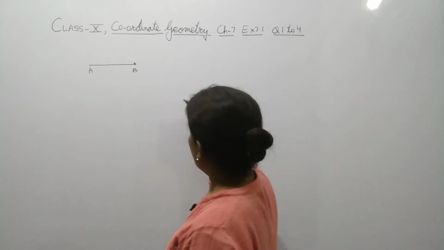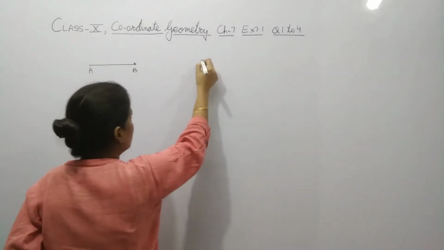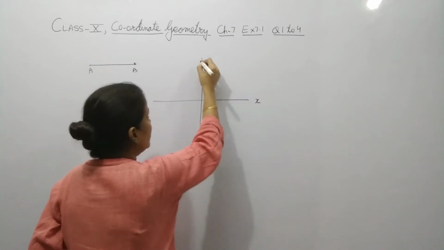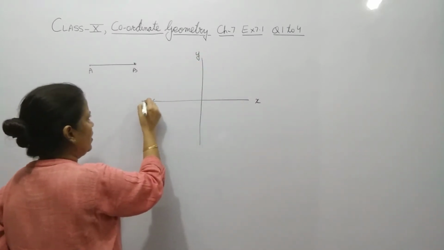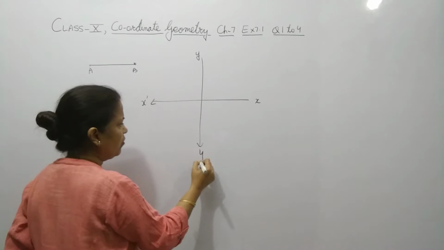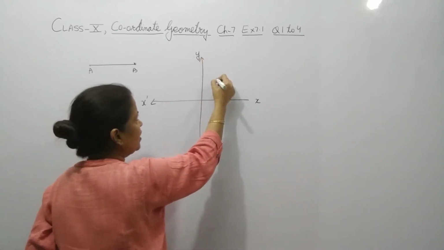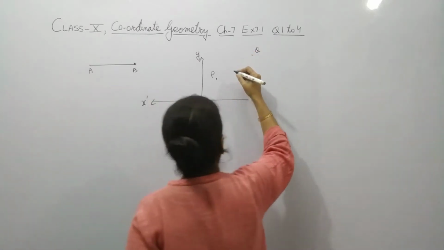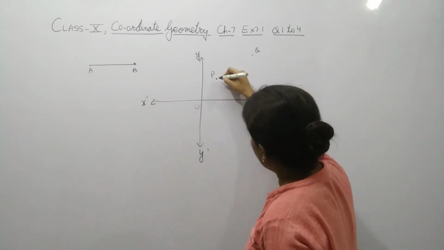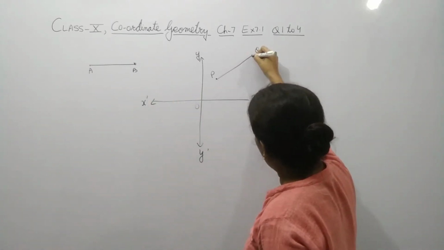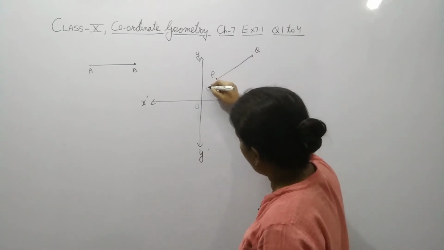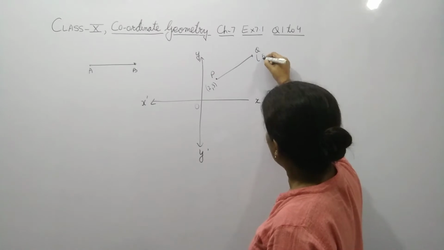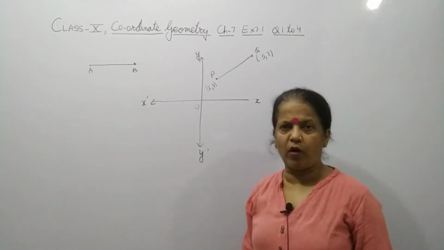Okay, but if some points lie on a graph, now the question is, suppose that this is point P and this is point Q, and these points lie on the graph, or we can say it has some coordinates. These are the coordinates.